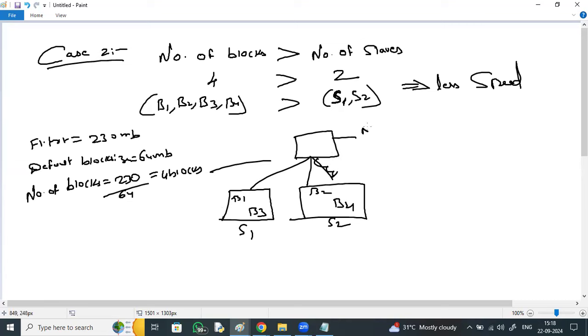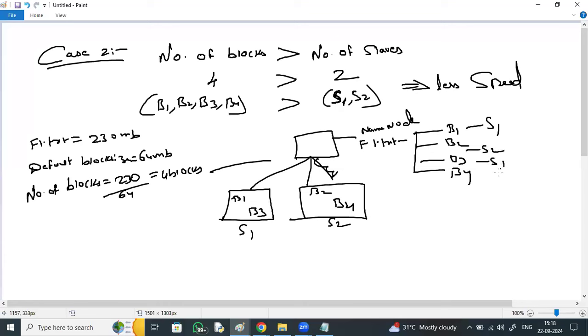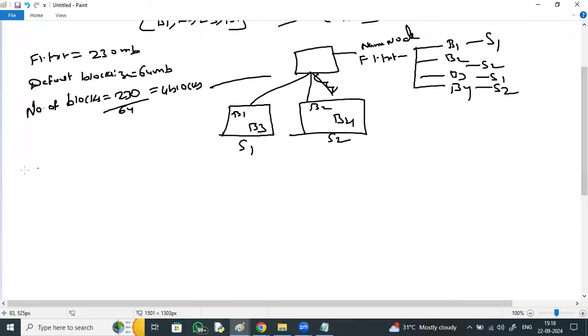Here the name node maintains metadata: f1.txt divided into 4 blocks, B1 in S1, B2 in S2, B3 in S1, B4 in S2. This is how the storage happens, right? If you got fewer slaves.